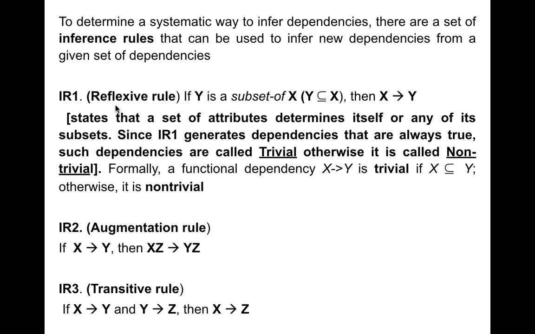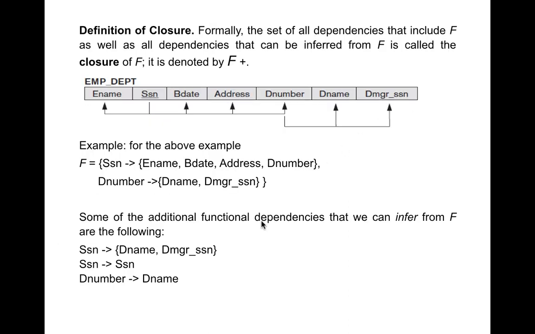Let's have a look at the rules one by one. IR1 is also termed as the reflexive rule. It states that if Y is a subset of X, then we can say X implies Y. Let's take an example. In this case, D number gives D name and D manager SSN. From this, we are saying that D number gives D name also, where D name is a subset of D number's dependents.